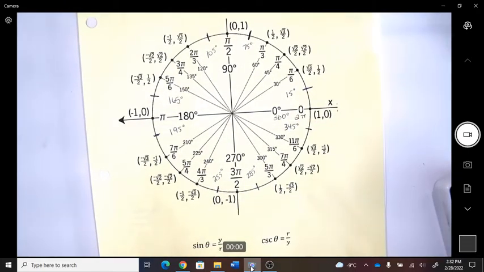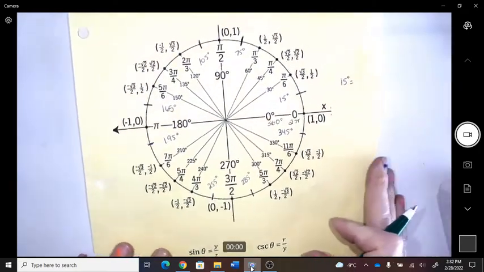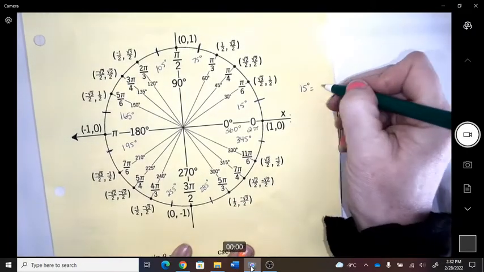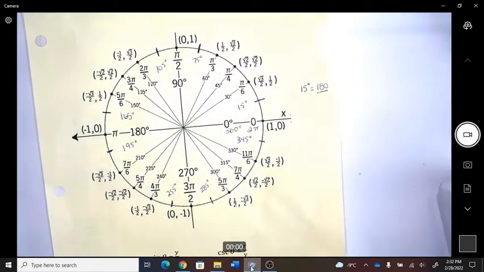Okay, now we're going to have to do that whole concept in radians. So here's what I need to understand. 15 degrees is 180 divided by what? Does anybody know? What would you have to divide 180 by?